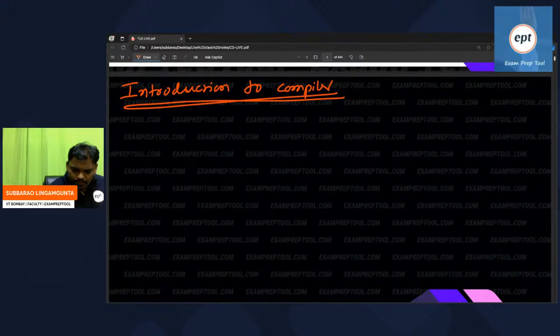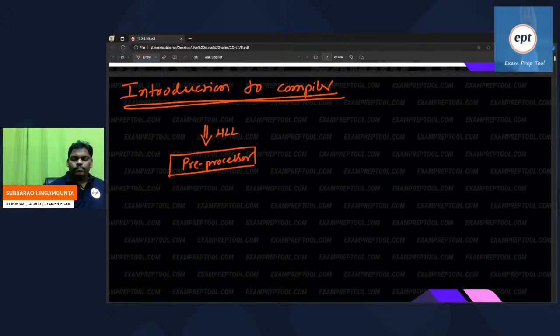Everyone listen, see this. High level language will be the input to the preprocessor. You are giving high level language as input to the preprocessor.